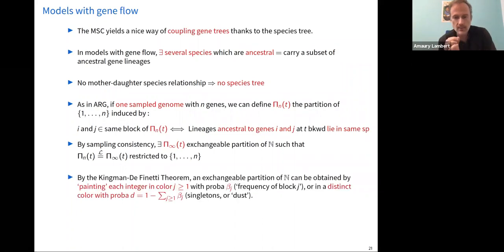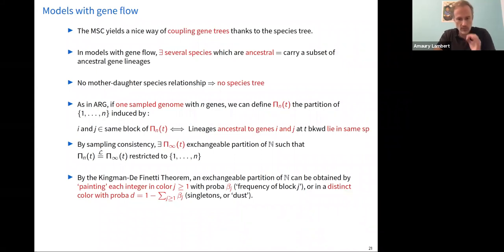And what is nice is that exchangeable partitions have a general representation due to Kingman's representation theorem, saying that they have what is called block frequencies, the beta_j's, which form a subprobability. Okay, so the beta_j's, beta_1, beta_2, beta_3, etc., are positive real numbers that are summable, but the sum is smaller than or equal to 1.